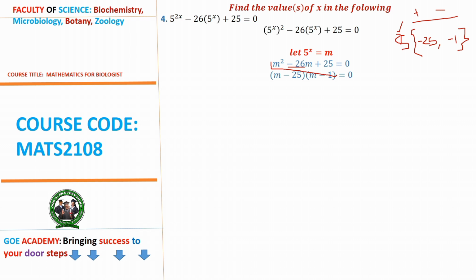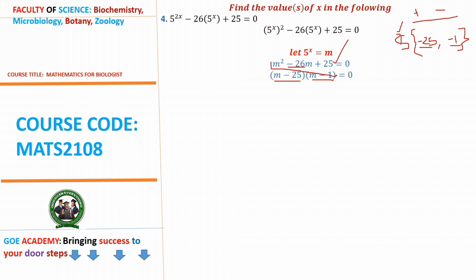If I take negative 25 times negative 1, it gives me 25. That's okay. Now if I add these two factors, it should give me the value of B, and negative 25 plus negative 1 gives me negative 26. So the factors are m minus 25 and m minus 1. I need to put it in this form: m minus 25 into m minus 1.